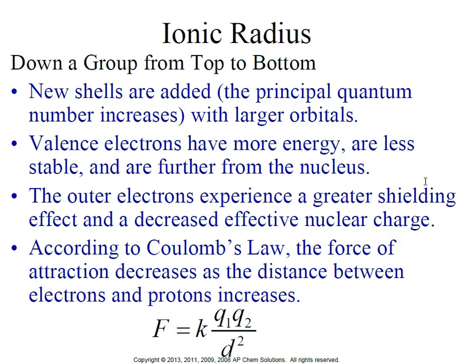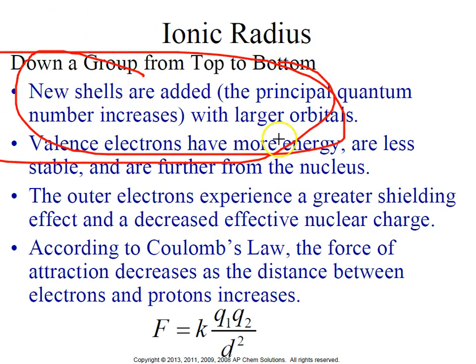So even though lithium plus has lost a whole shell, it still has fewer shells than sodium plus, which has also lost a shell. So as you go down, they increase in size for the exact same reason as before. New shells are added.